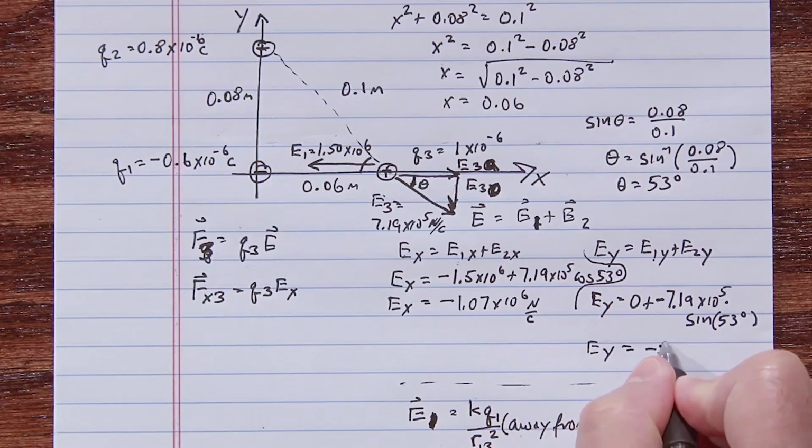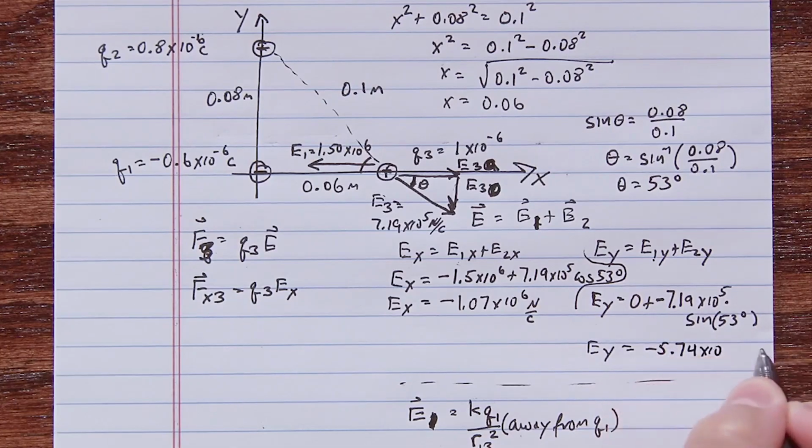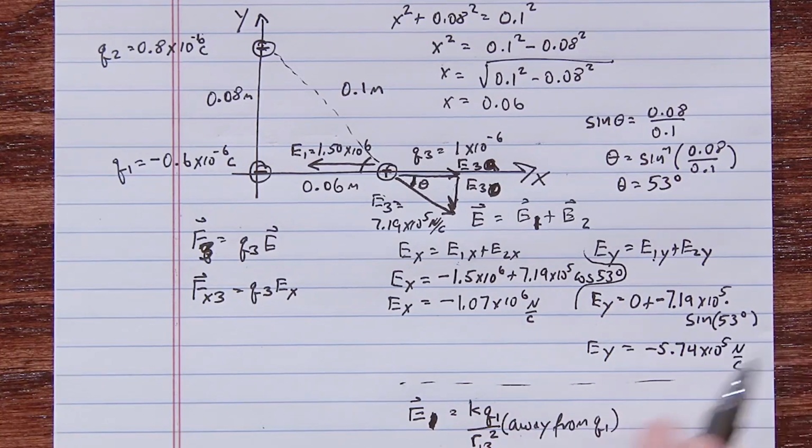And that would be negative 5.74 times 10 to the 5 newtons per coulomb. So the total electric field from charge 1 and charge 2 at the location of charge 3 is in the negative y direction, and it would be negative 5.74 times 10 to the 5 newtons per coulomb.